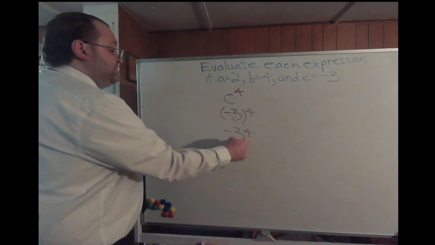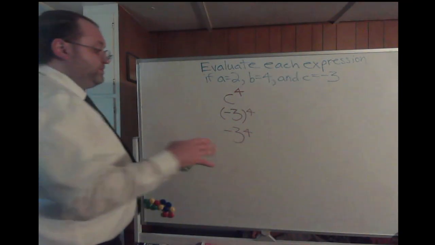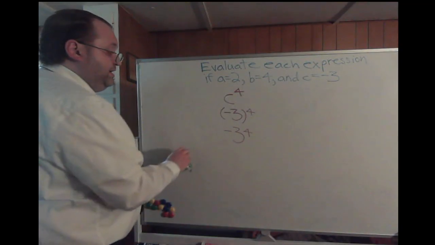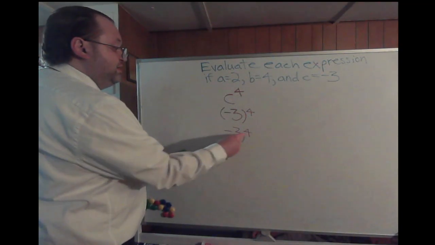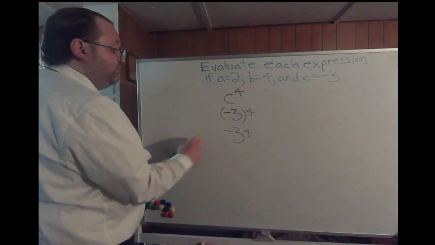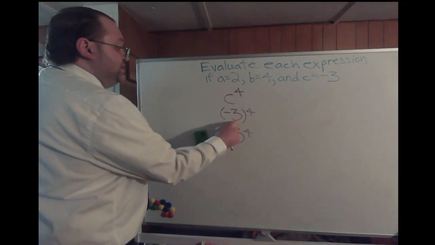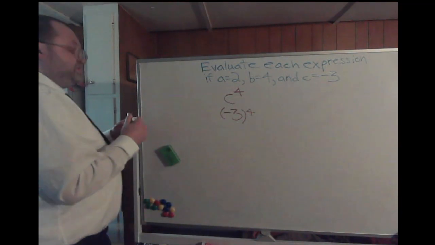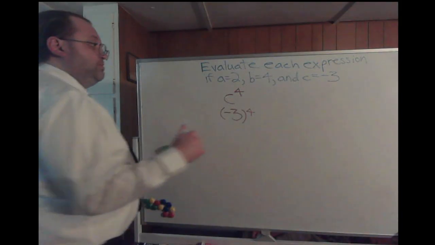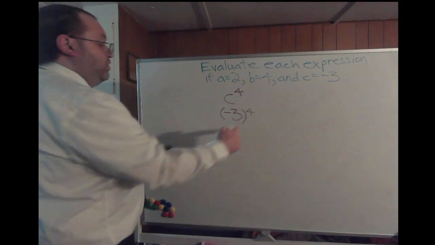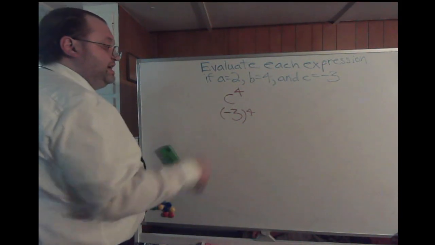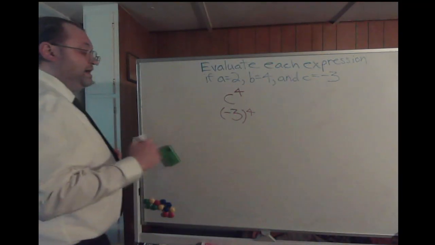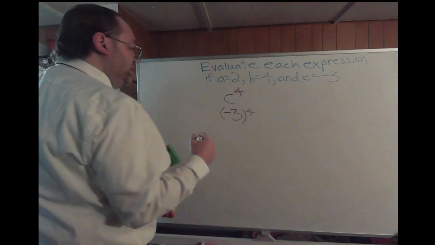Because the negative outside of the power makes the whole thing negative. That's like a -1 in front of this, multiplying by a -1. It's not the same thing as this, if we remember from review. When you're substituting in a number for a variable, it's the whole thing to the 4th, not just the negative sign hanging out by itself. So the whole thing of -3 to the 4th power is what you'd have.